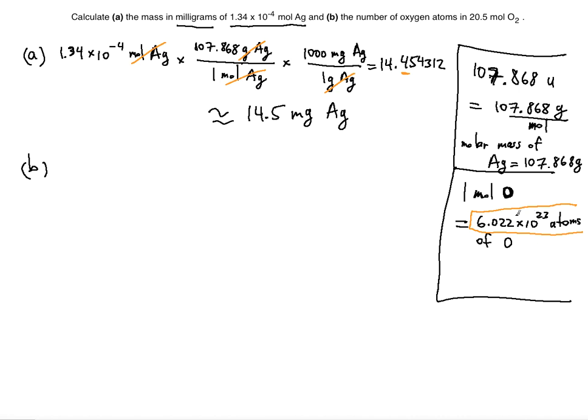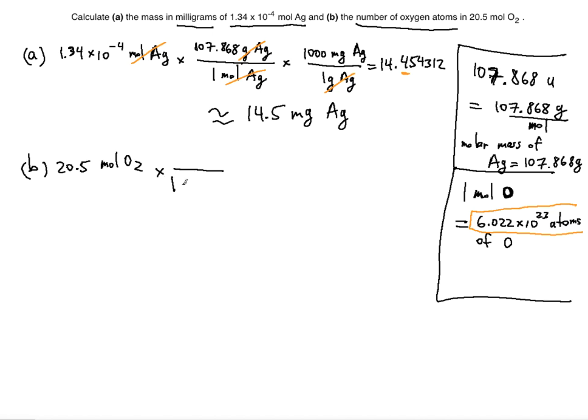So we need to use this number in order to find the number of oxygen atoms in this amount in moles of O2. Right, so we take first 20.5 moles of O2. Then we need to convert from moles of O2 into moles of O, right? So that the subscript is not 2, but it's just going to be 1 O, one atom.